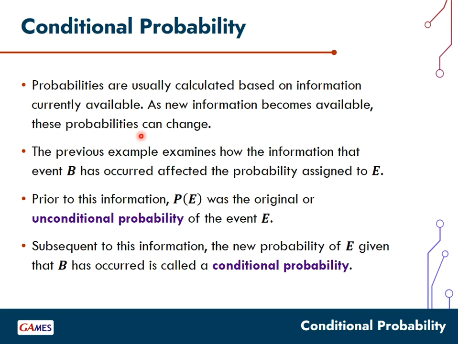It can completely affect the probability of that event happening. In the previous example, we looked at how the information that event B has occurred affected the probability assigned to E.